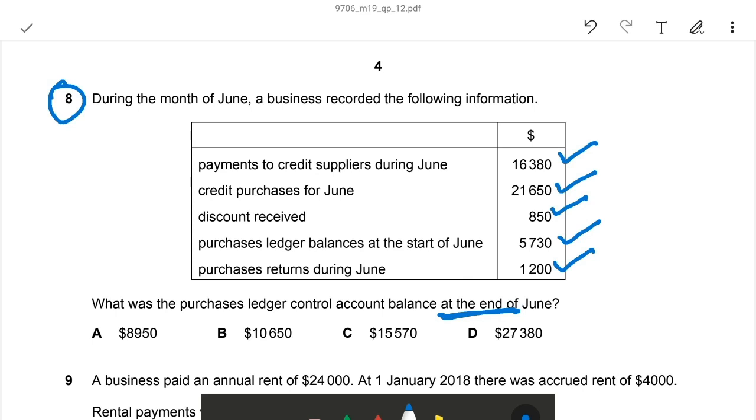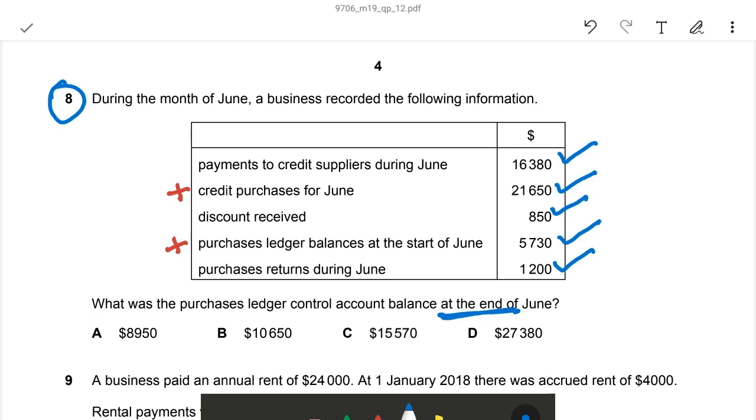Opening balance plus total credit purchase minus payment. Increasing credit days, or increasing accounts payable, we should add; decreasing accounts payable or credit days, we should deduct.